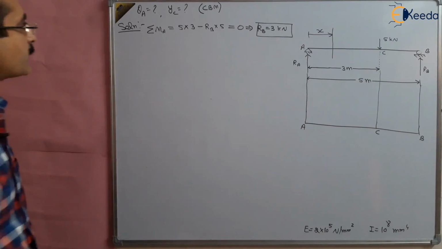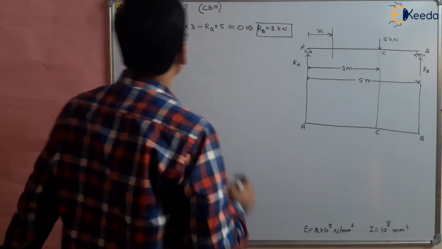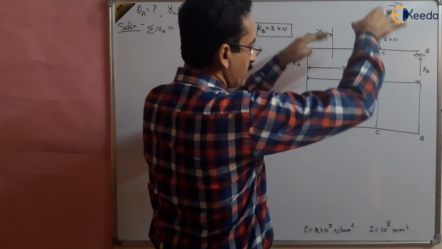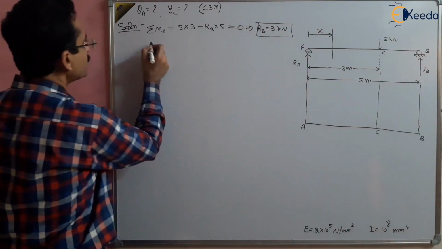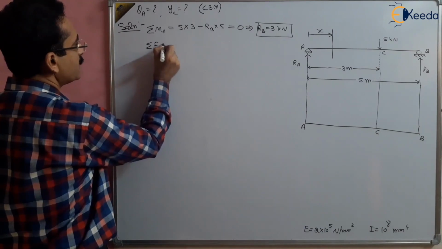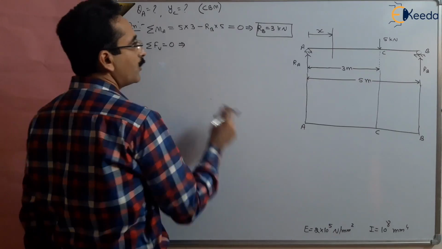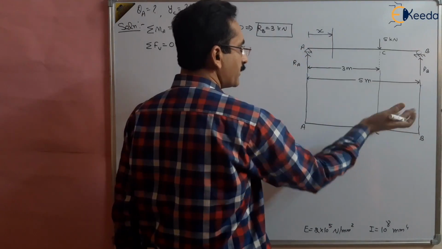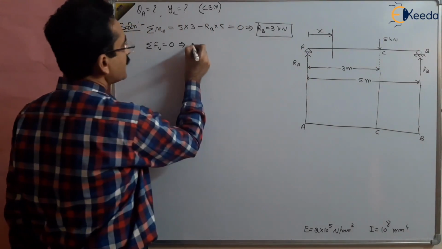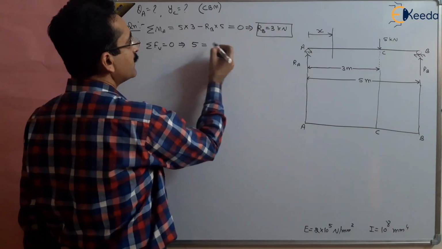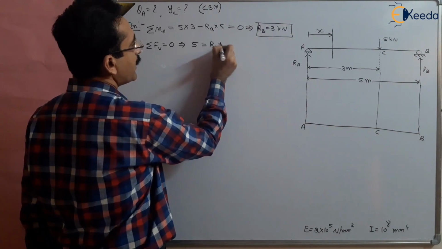Next we have to find out RA. How can we find RA? The sum of the forces in the vertical direction should be equal to 0. So sigma Fy should be equal to 0. This implies the downward forces and the upward forces should balance. The downward force is 5, the upward force is RA plus RB, and RB is 3.